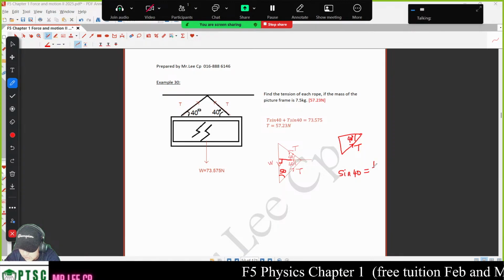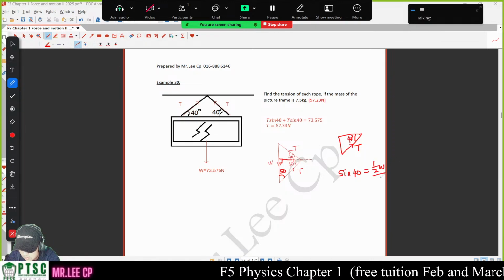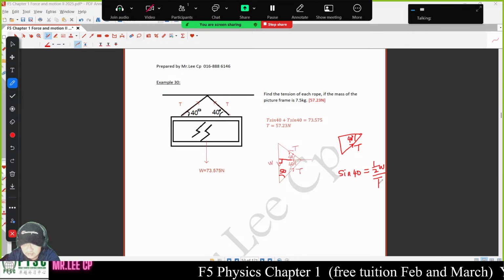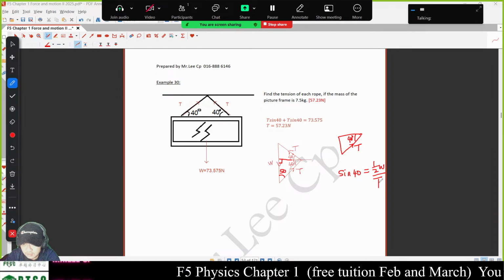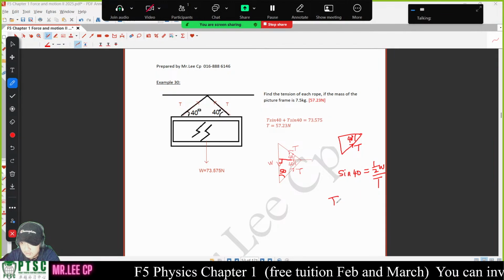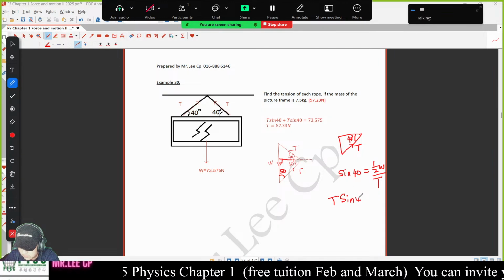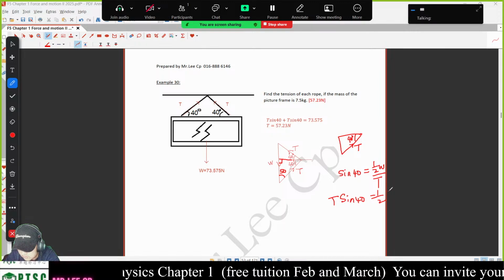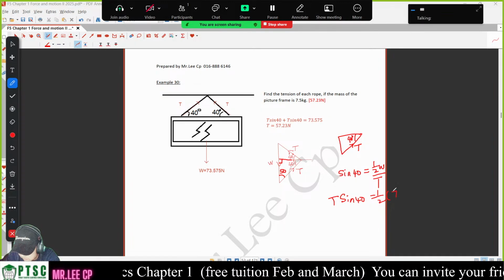Opposite is half of the W over the T, right? So this one goes up: T sine 40 equals half of the W.